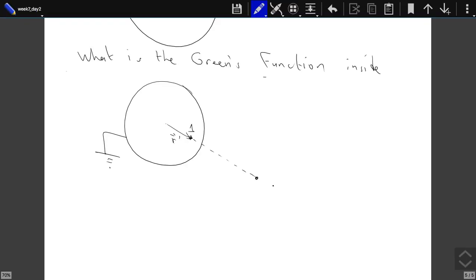So here we will have an image, let's call this time Q prime, at a distance D prime, where D prime will be R squared over R prime, and Q prime will be minus 1 times R over R prime, because if we have these two charges, then the potential.